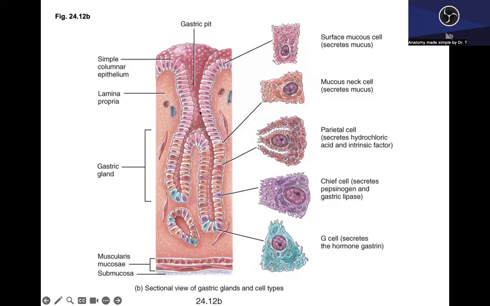Obviously, you can get from their name right away an idea of what they secrete. It's a very thick layer of mucus that they produce, up to 3-4 millimeters thick, which by itself has a huge capacity to protect the mucous membrane of the stomach against self-digestion.